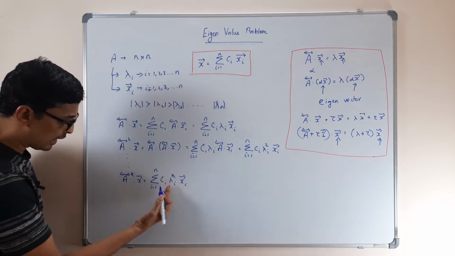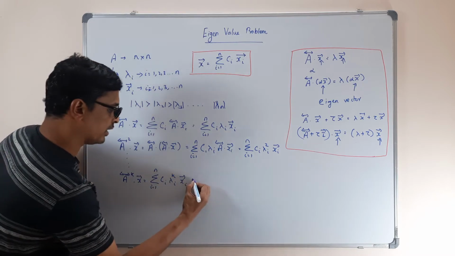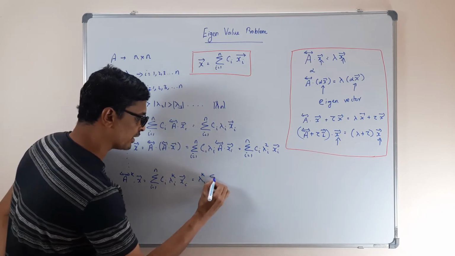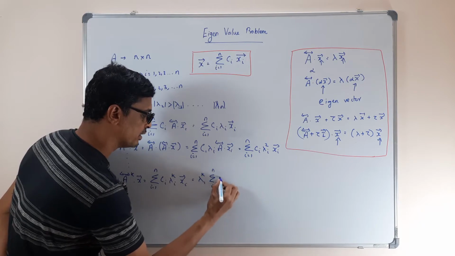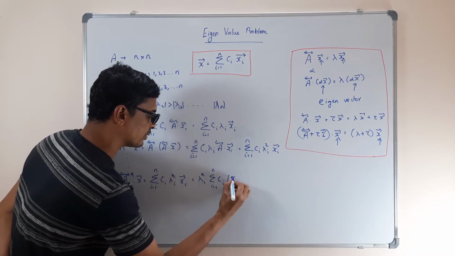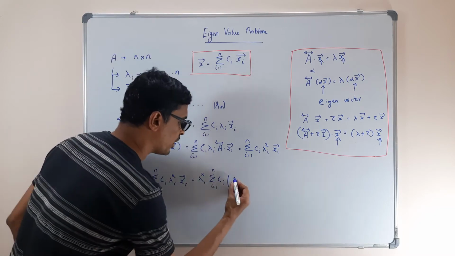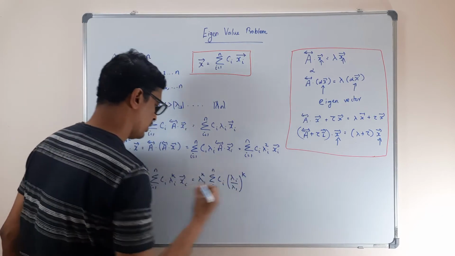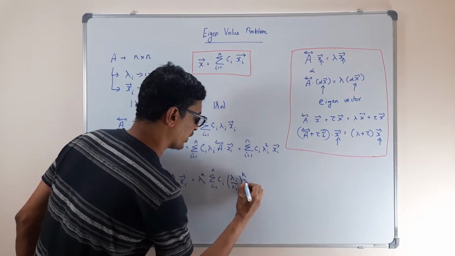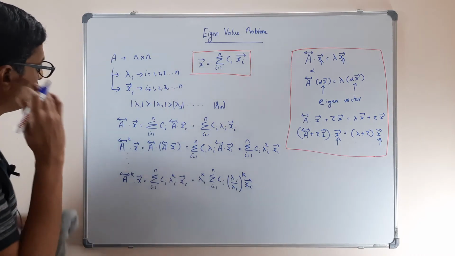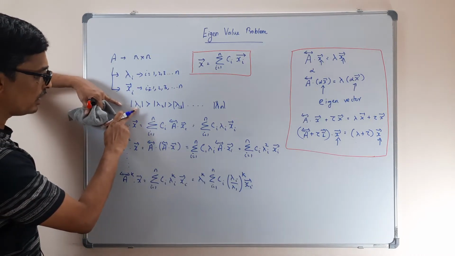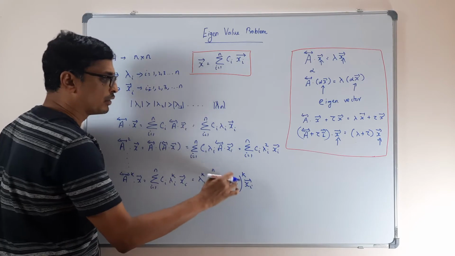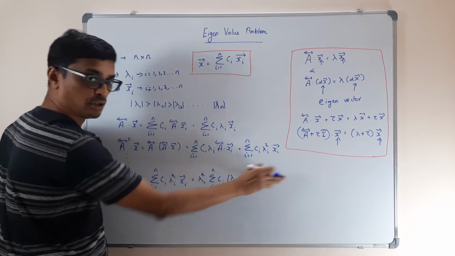Now if I take lambda 1 to the power of k commonly outside, I get the summation from i equal to 1 to n of c i, lambda i by lambda 1 to the power of k, into the x i vector. We have assumed lambda 1 is larger than lambda 2, so as i increases this will be converging, not diverging.